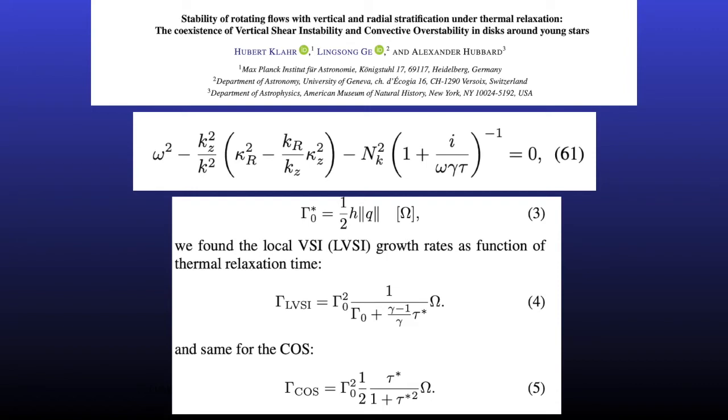And for long cooling time, this is basically proportional to gamma 0 squared divided by the cooling time. Wonderful. If we look for modes of the convective overstability in the same dispersion relation, we find the same gamma 0 squared, a very similar tau, but in a slightly different scaling. But if you go to very large tau values, you see that both are almost identical, except for the small correction that here is a 1/2.